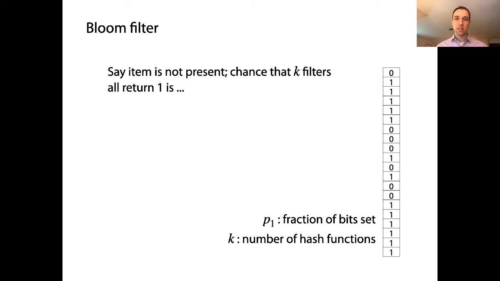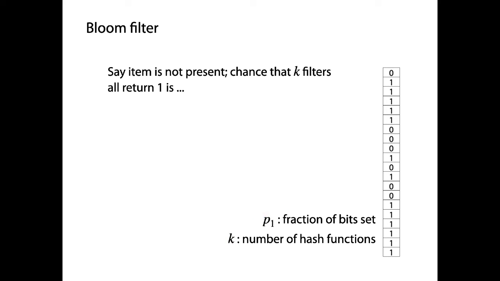Right, so again, this is a situation where they quote-unquote should be telling me 0. The item is not really one of the items that we added to the array of Bloom filters. But as we know, there's the possibility that we had a collision in all k Bloom filters. So what's the probability of that? The probability of a collision in all k Bloom filters. And let's say, so k is the number of Bloom filters.